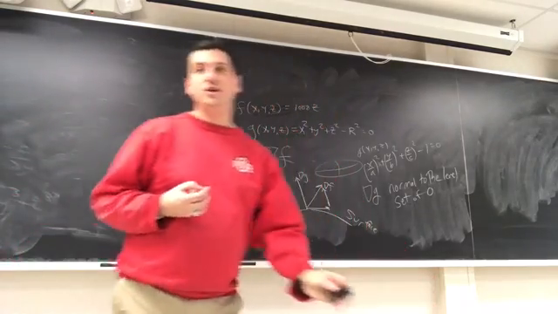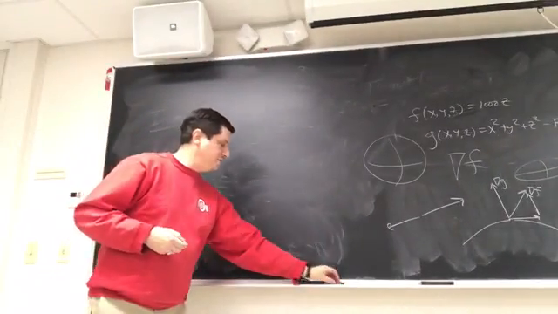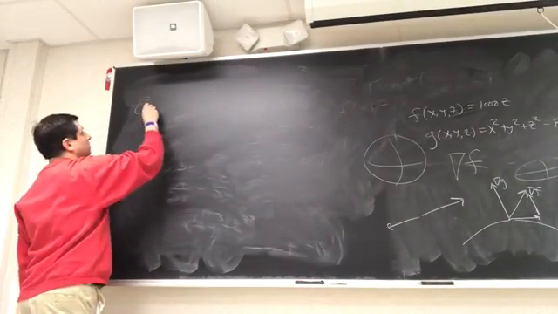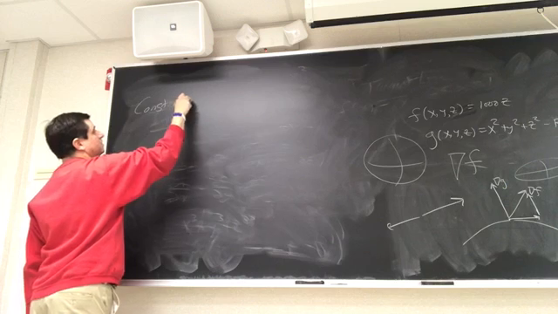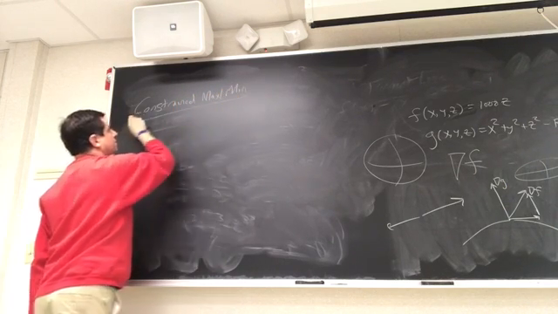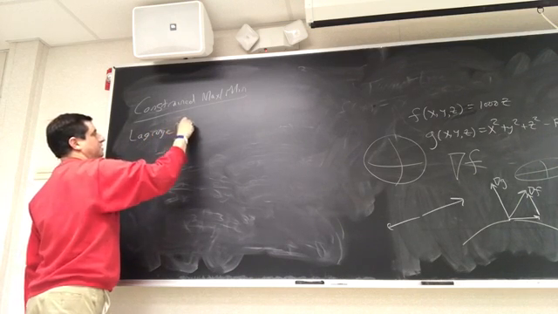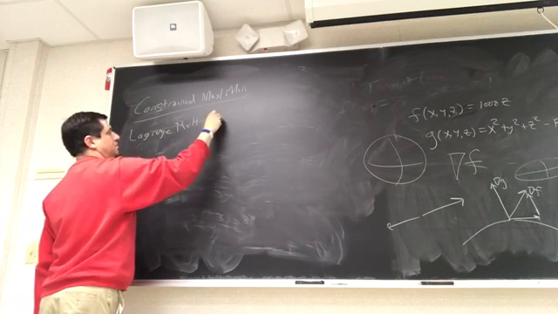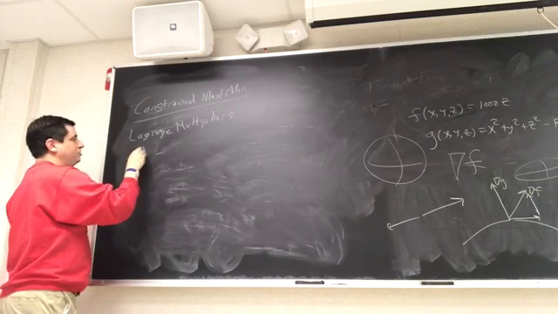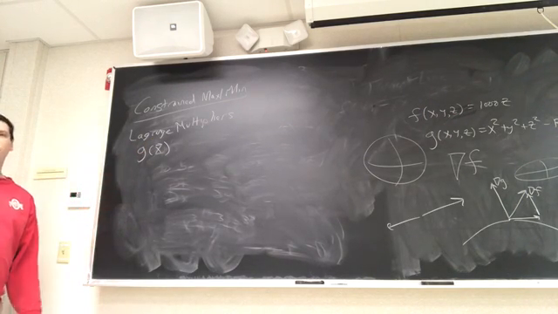So this is where Lagrange multipliers come from. If we want to find candidates for constrained max min, we use Lagrange multipliers. So we have g of x. I'm going to do it as a vector like this because I don't know how many components I have.